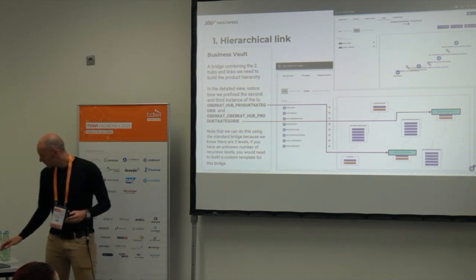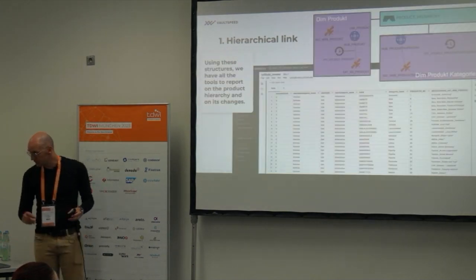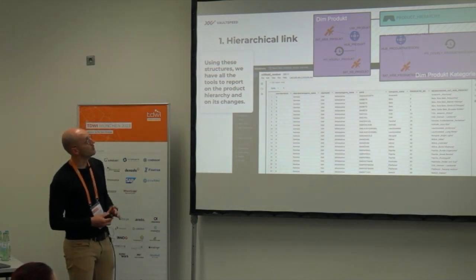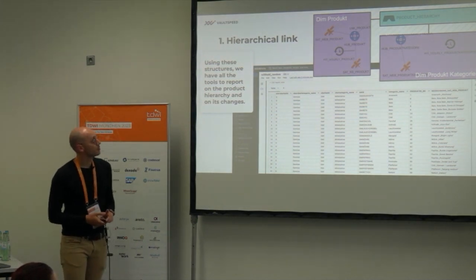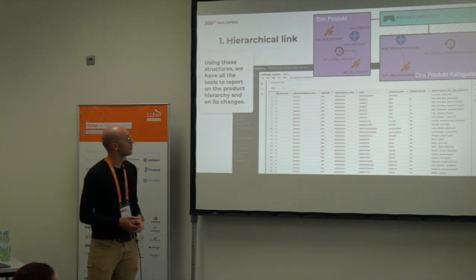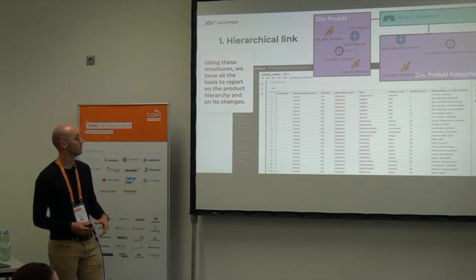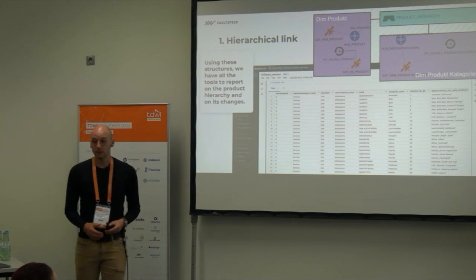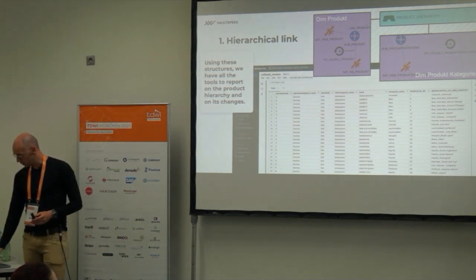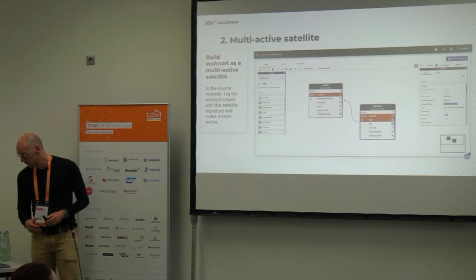And by doing that, we actually completed the dimensional model we need to show the entire product dimension as a whole. So both the product and the product category. And then this is a subset of how the data is then presented. And I think that concludes the hierarchical link.